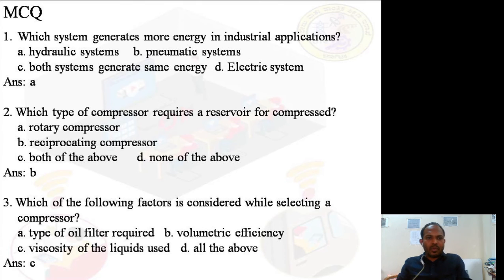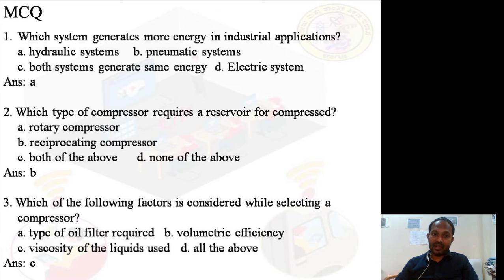Now there are a few questions based on these components as well as the compressed air. The first one is: which system generates more energy in industrial applications? Obviously, I have been telling you from the first and second sessions that hydraulic systems generate more power, more energy.